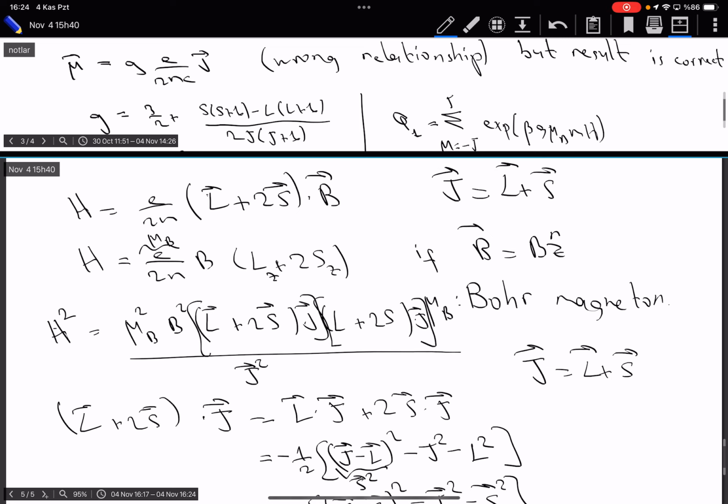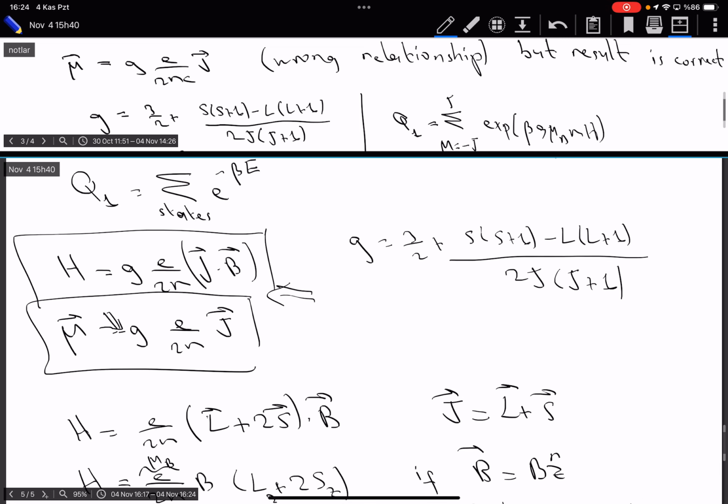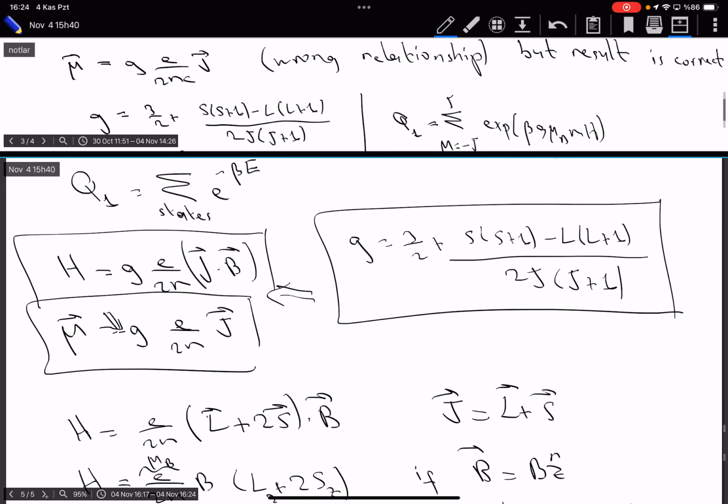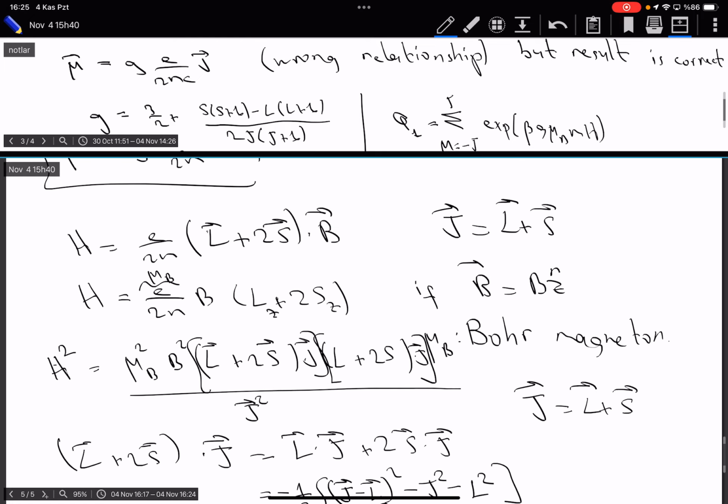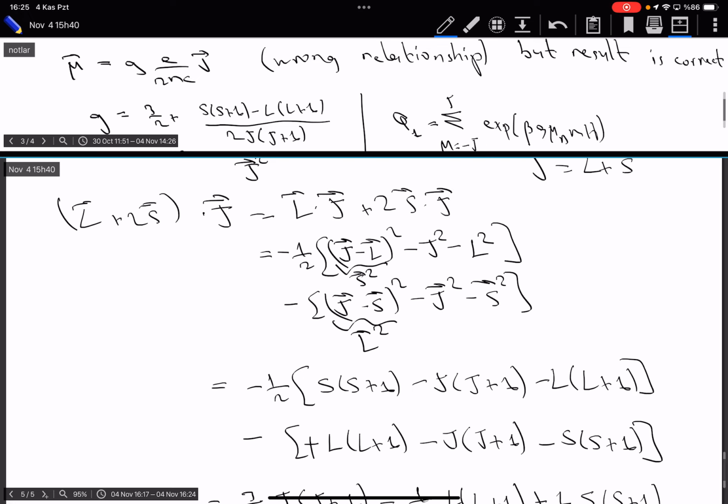And this is actually the g factor that's quoted in the book. I don't like this derivation that much because J is an operator. So at some point I set B to be in the z direction, at the other point I choose it to be the direction of J. But the answer is correct.